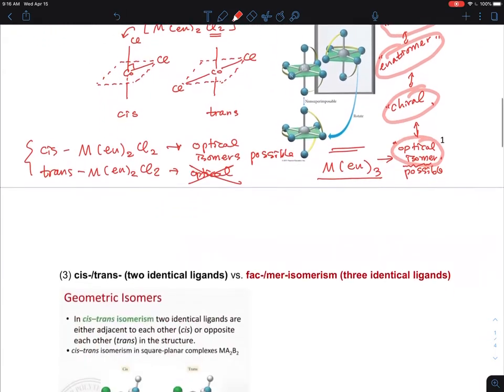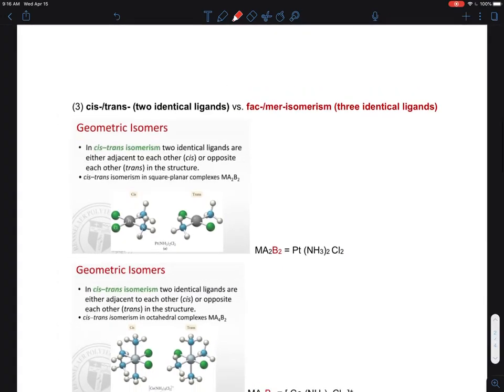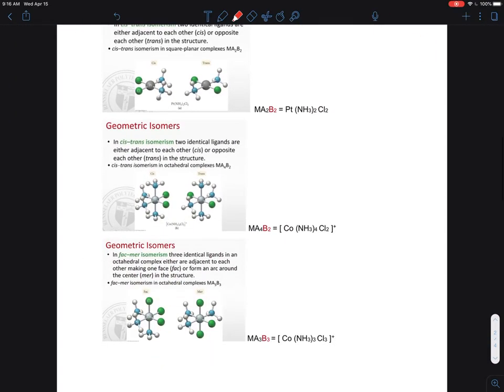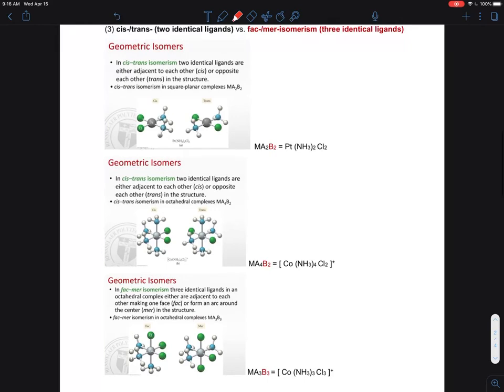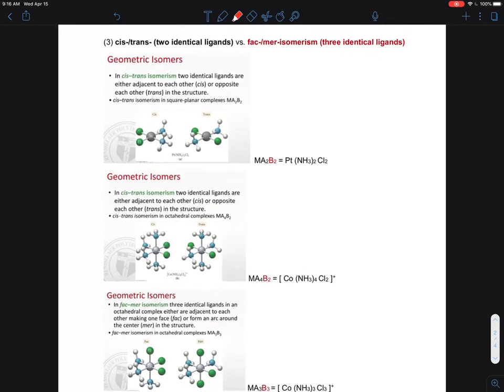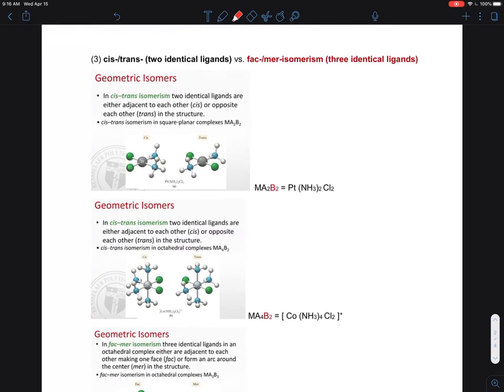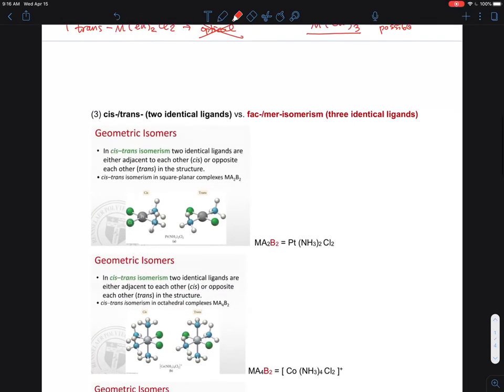Okay, so I talked about geometric isomers in this example, and as you can find out, this is coming from the slide, and I'm going to speed up a little bit compared to my previous version in this crash course.